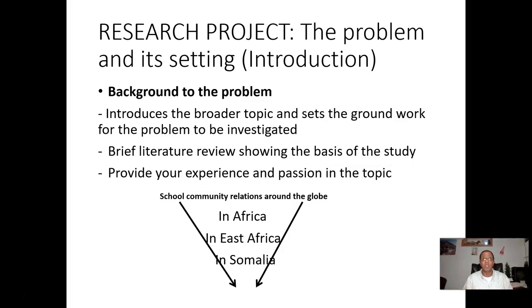If someone wants to research school community relations in Somalia, one way of doing that could be in one paragraph, talk about school community relations in Africa, highlighting the problem or the issues. Then narrow it down to Eastern Africa, and then ultimately talk about school community relationship issue in Somalia.